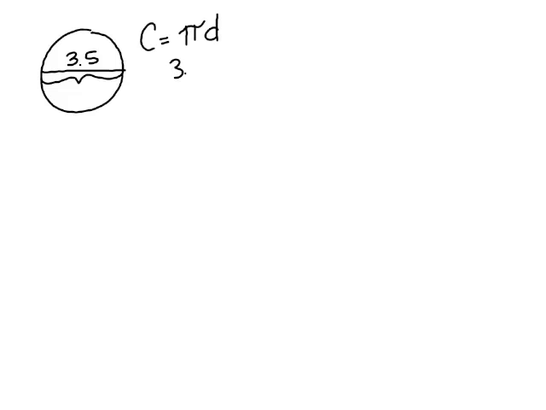So 3.14 for pi times 3.5 for my diameter. What's my answer? It's actually 10.99. You can round that up to 11. And what's our unit? Inches.